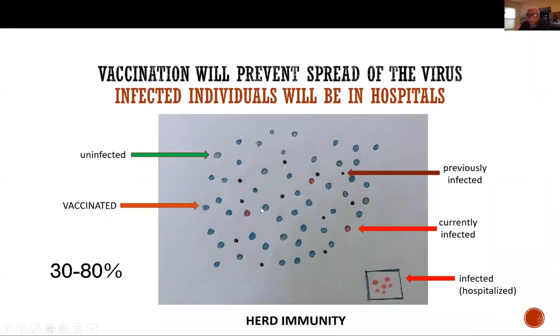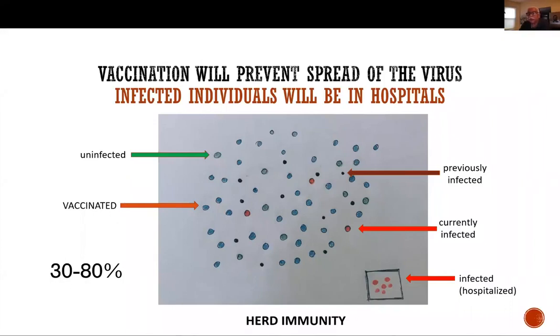So once this red dot infects this green dot, these two will become infected. Now what will happen after that? They cannot infect anyone around them in this picture because either they are previously infected or vaccinated. So the virus will die in this population. This process is called herd immunity.